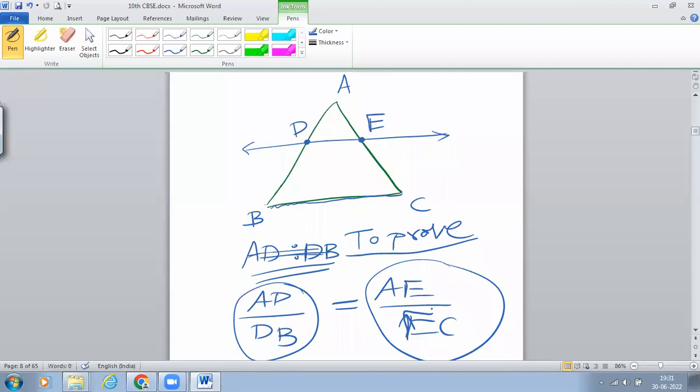Please write up to this. This is what we have to prove. That is the meaning of the theorem.